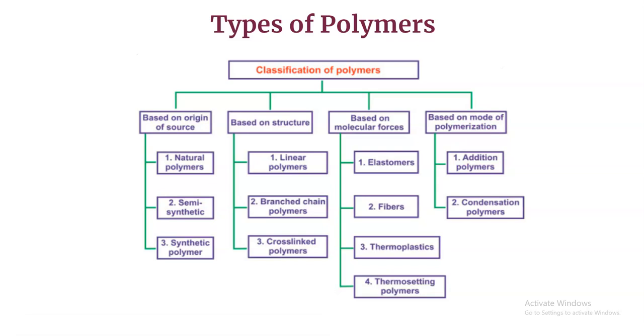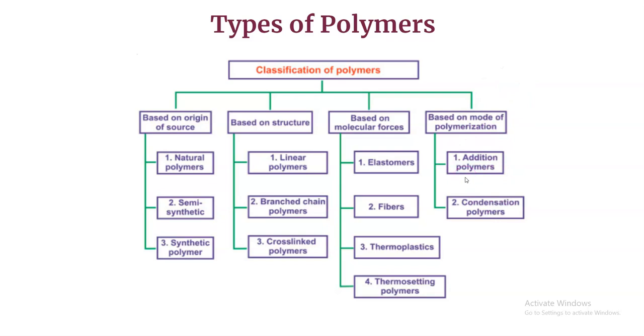The polymerization process is basically when you have monomers that combine under certain conditions of temperature, pressure, and catalyst to produce this giant network of molecules, which are polymers. That process is called polymerization. And based on how that process works, you can classify polymers into different categories.